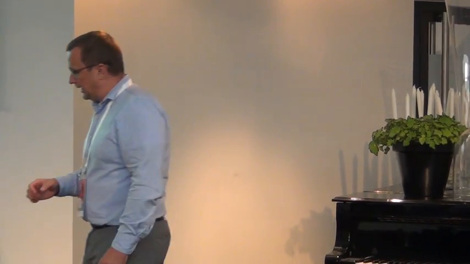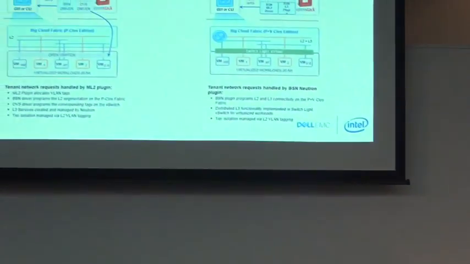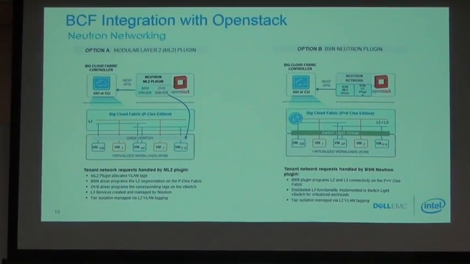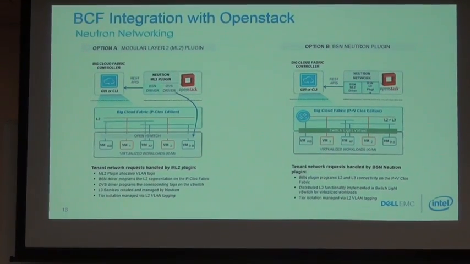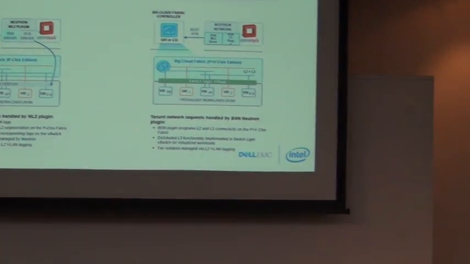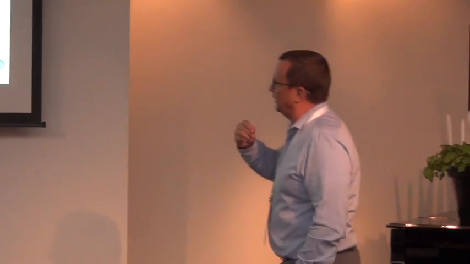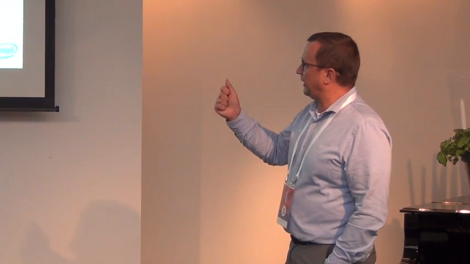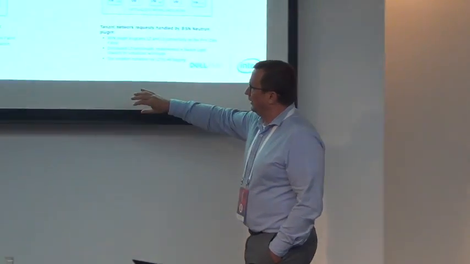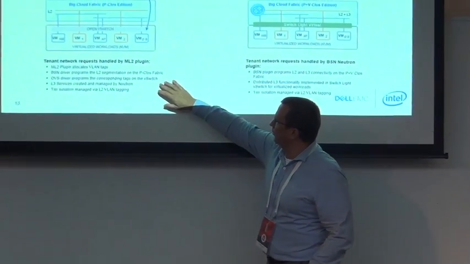Okay? Now, here is the PNV fabric, and the final integration part we're doing into OpenStack is either via an ML2 plugin, which allocates the VLAN tags and drives the segmentation into the physical fabric, and also into the corresponding switches.